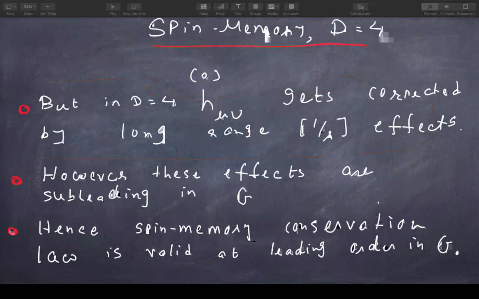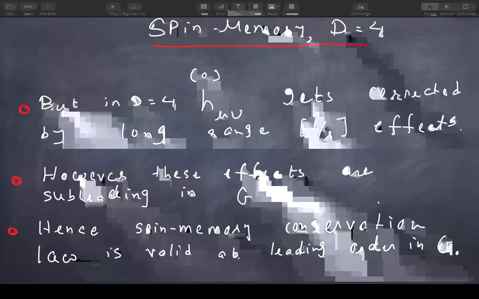But this is obviously a huge simplification, because we know that, as Laura mentioned, in 4 dimensions this cannot be quite correct, because when we start computing radiation, it will get corrected by long range effects, basically 1/r effects. But one interesting thing to notice, and we will come to this in more detail in a moment, is that these effects are higher order in Newton's coupling.